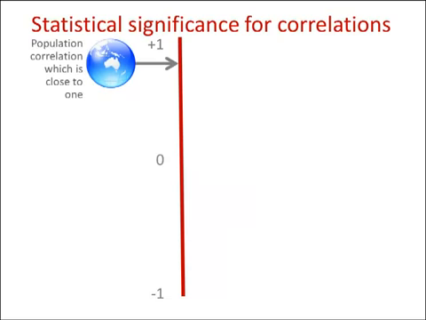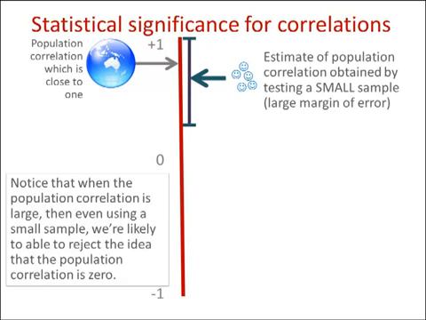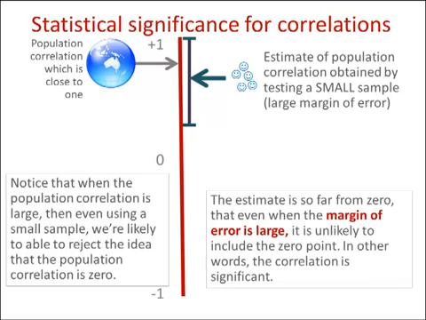Let's have a look at the opposite situation where we've got a very high correlation. Even if you use a pretty tiny sample, you can get away with a large margin of error because you're so far away from zero. That's why if you've got a big correlation, you can test a small number of people and it will still come out statistically significant.